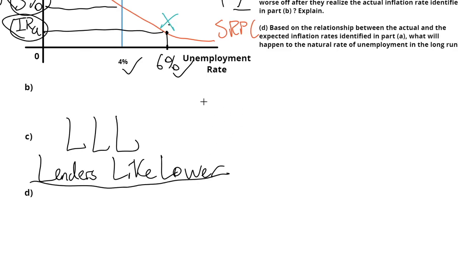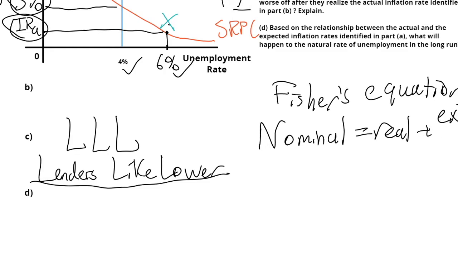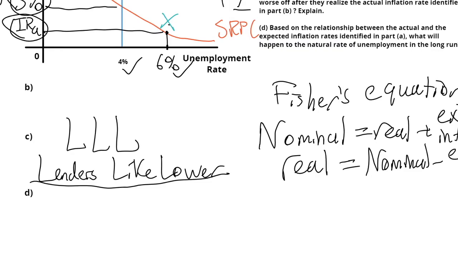And we can prove this using Fisher's equation, which is nominal interest rate is equal to real plus expected inflation. And just like really easy algebra, you can rearrange this to real is equal to nominal minus expected inflation. If expected inflation is larger, then the real value will decrease.